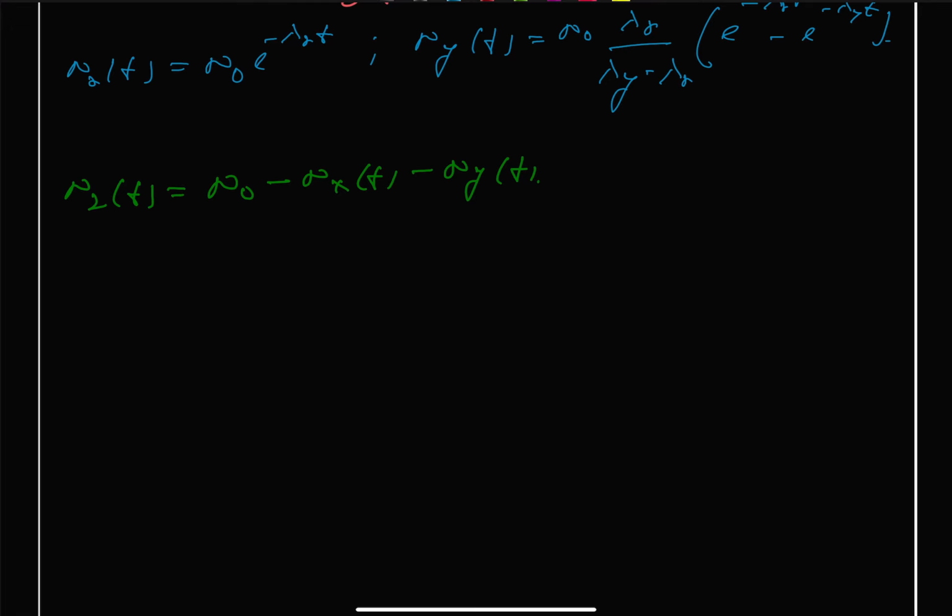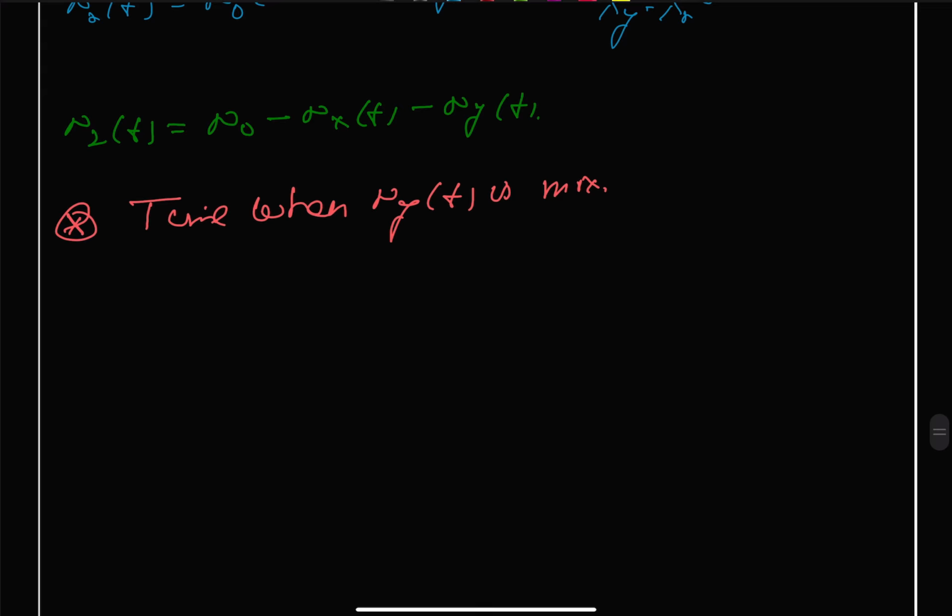So you can say our time when n of y of t is maximum, or we can say that our derivative of n of y with respect to time t is equal to 0.